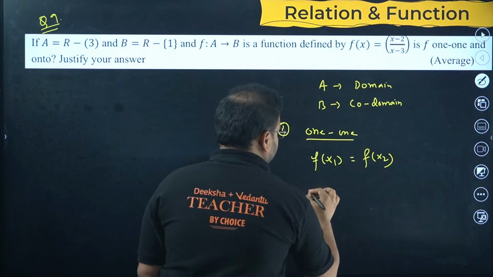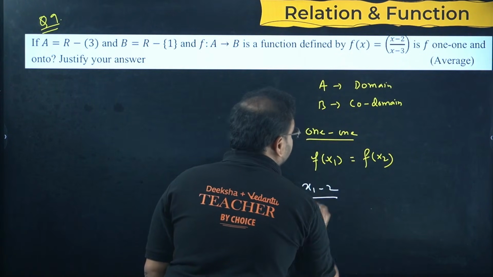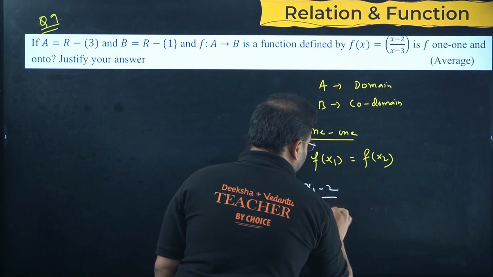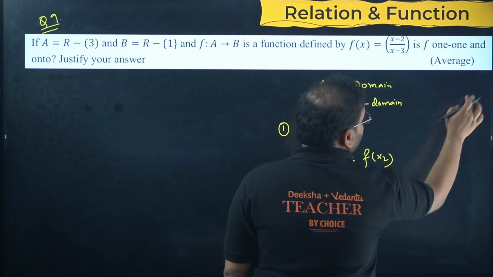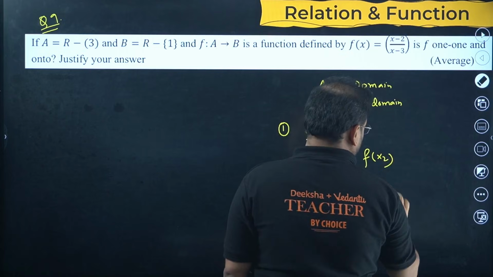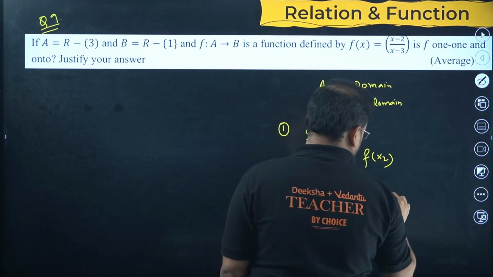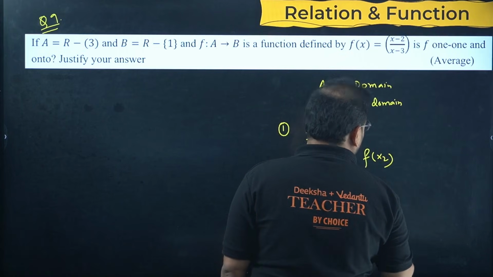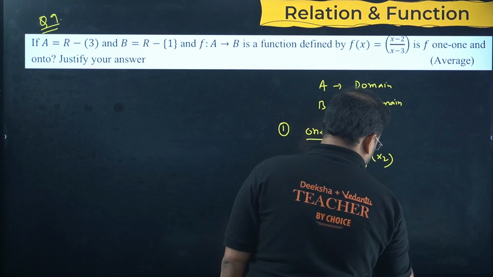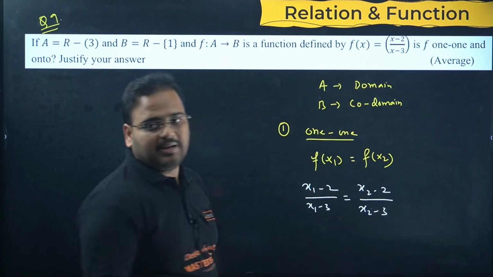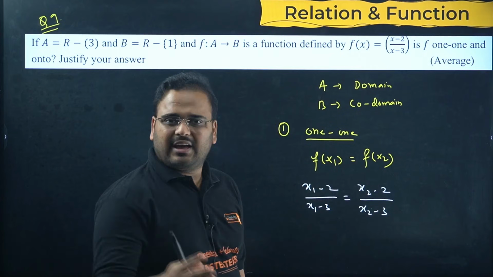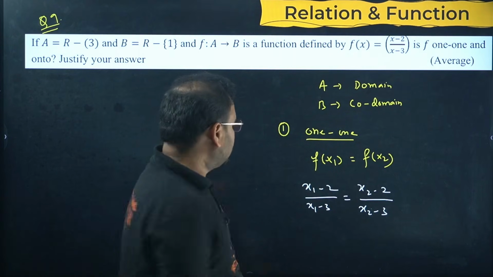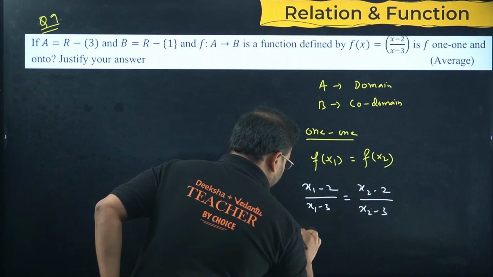Start here. x1 minus 2 upon x1 minus 3, and we have over here x2 minus 2 upon x2 minus 3. We have to, of course, cross multiply, expansion will do. I can do the cross multiplication and expansion together. So x1 into x2, that is one term.